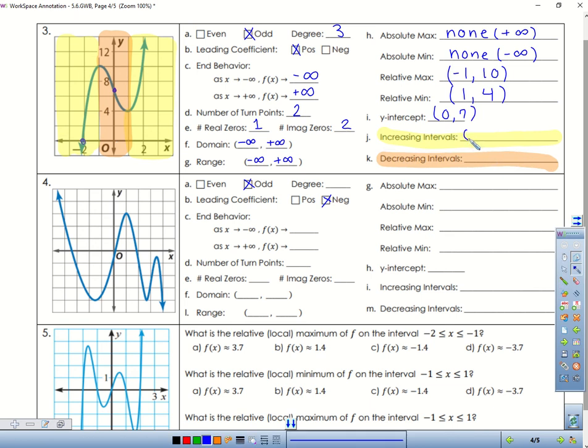So it's increasing from negative infinity until it gets to negative 1. And then it picks back up at 1 to positive infinity. And then decrease from negative 1 to 1, right? Would everyone agree with that assessment?